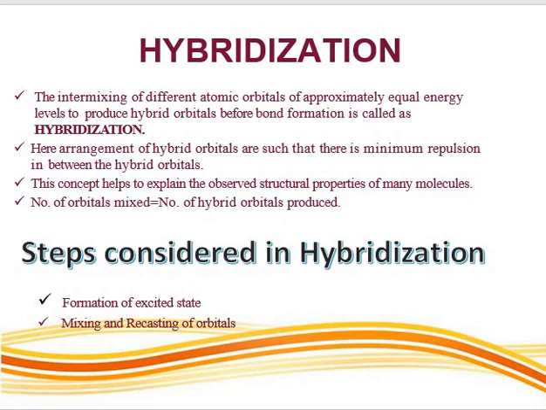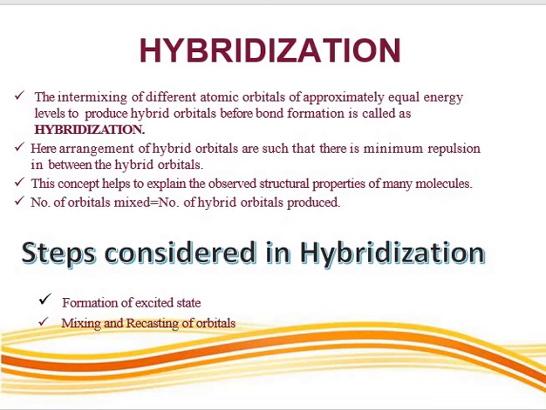The paired electrons in the ground state are uncoupled, and one electron is promoted to the vacant orbital having slightly higher energy. Now, the total number of half-filled orbitals is equal to the valency of the element in the stable compound.